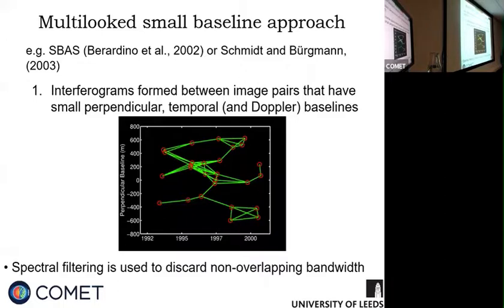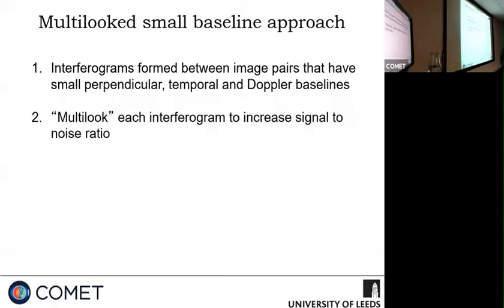We use spectral filtering this time because we care less about resolution and more about the quality of our signal, so we tend to filter it. We multi-look each interferogram, as you did yesterday, to increase our signal-to-noise ratio. Multi-look is really a very simple filter, simple averaging of your phase.